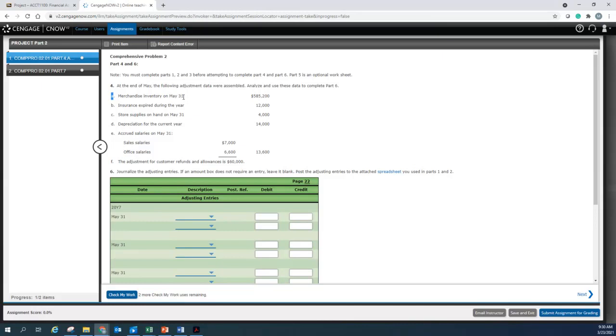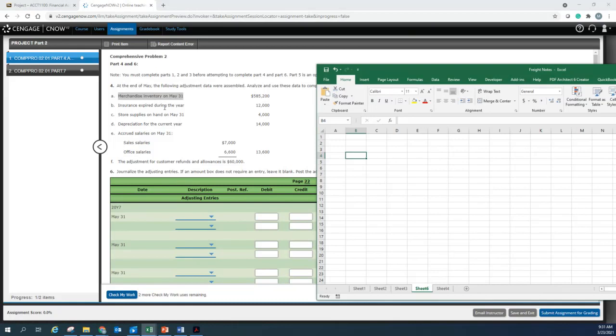So what do you have to do here? At the end of May, the following adjustment information is given. So what you have to do is go back to part 1 and see what the balance of merchandise inventory is.